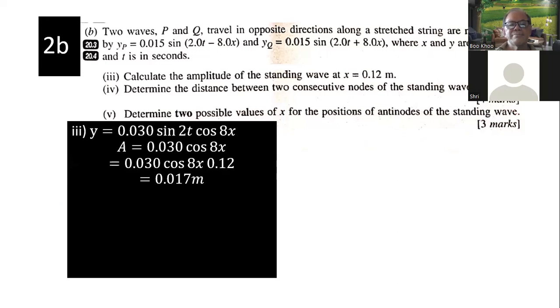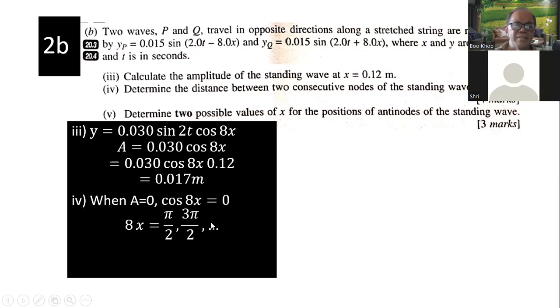How to do that? 2 pi over lambda equals 8. Either you put A equals 0, because a node is where A equals 0. So cos 8x equals 0. That can be cos pi over 2 or 3 pi over 2.